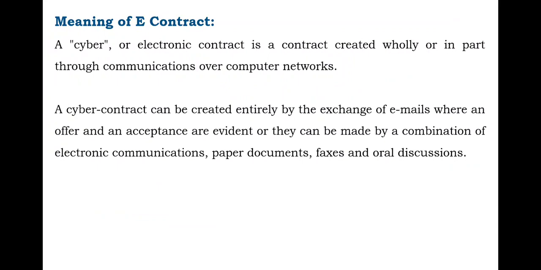This contract is created and signed online, and it is essentially a digital version of a traditional paper contract. As with paper contracts, e-contracts are agreements signed by two parties.